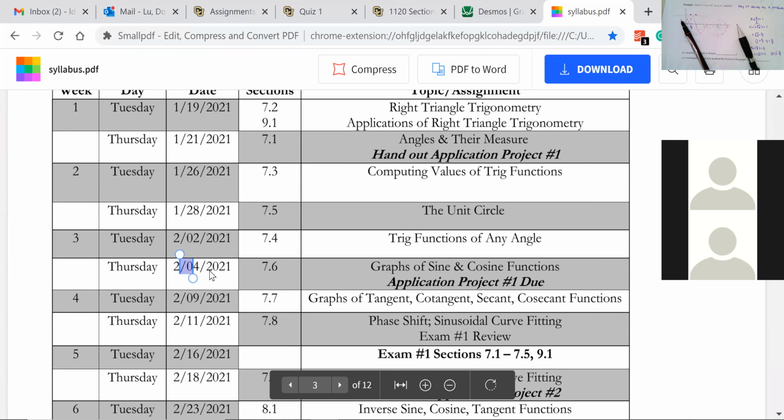Today is February the 4th. Quiz 1 covers what we learned in the first week. Quiz 2 covers what we learned in the second week. You see the section number. Everything is pretty straightforward, following this pattern.